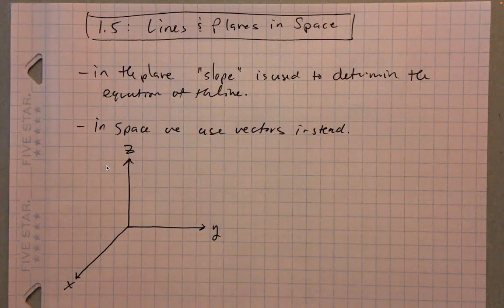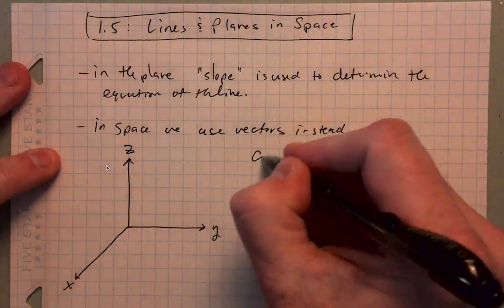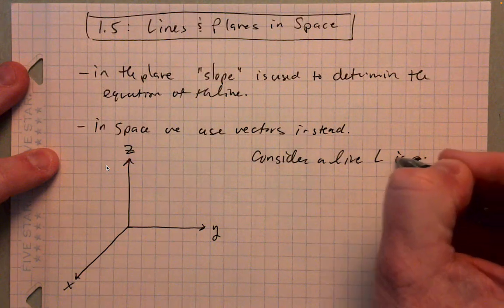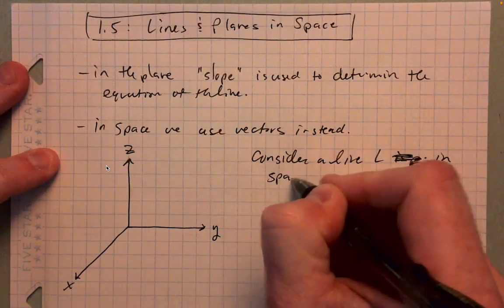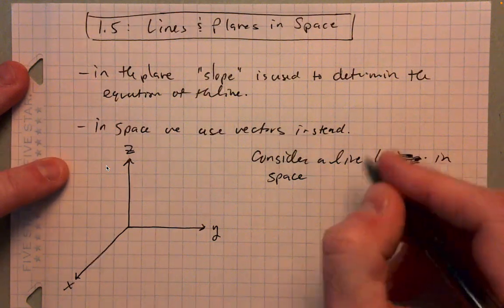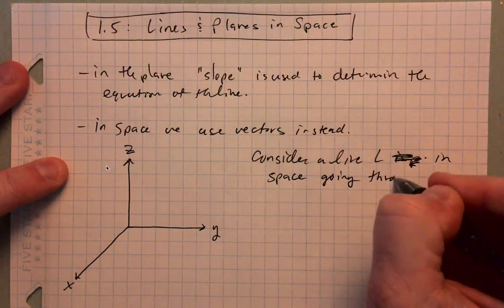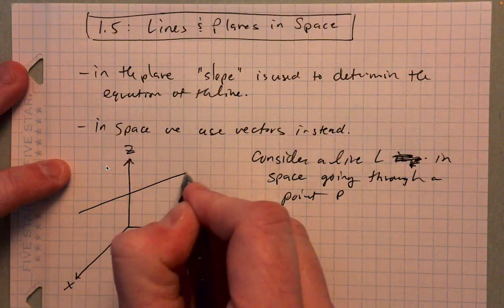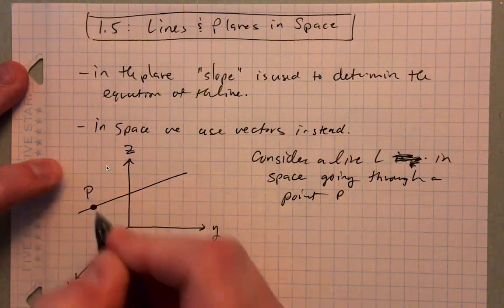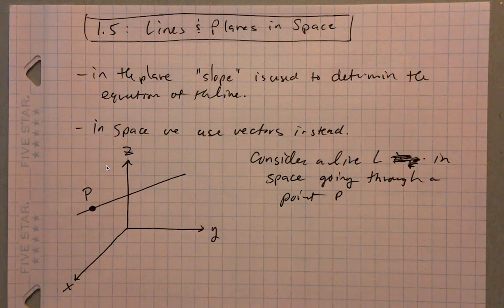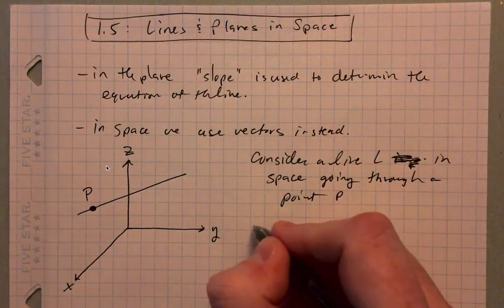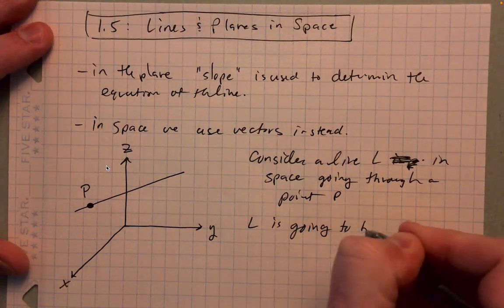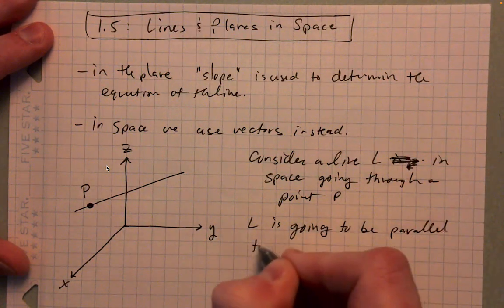Now let's consider a line L in space, and we're going to have it go through a point P. I'm just going to draw a random line here, and then we're going to have this point P. Now, this line L is going to be parallel to a vector v.